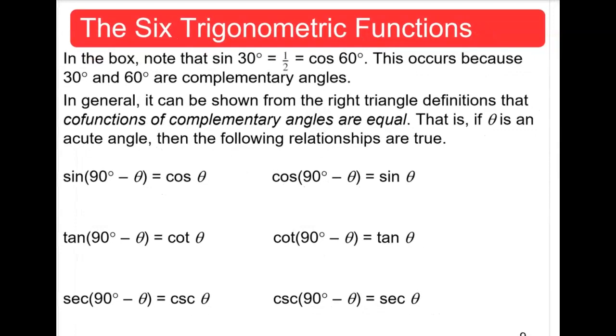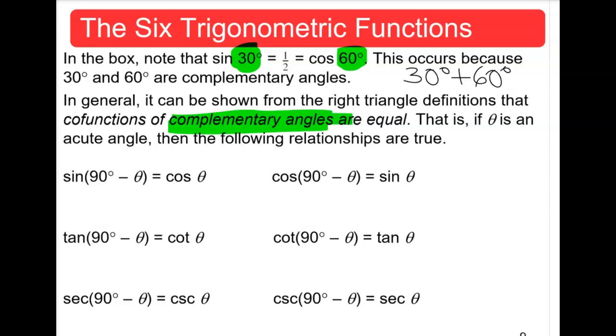So remember on section 4.1 we discussed the term complementary angles. Complementary angles are angles such as 30 and 60, because when you add them you get 90. And so those two are complementary.